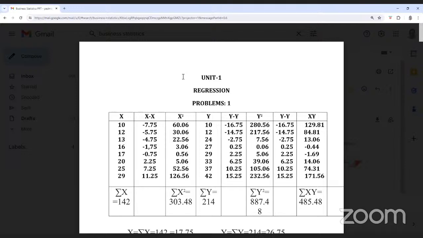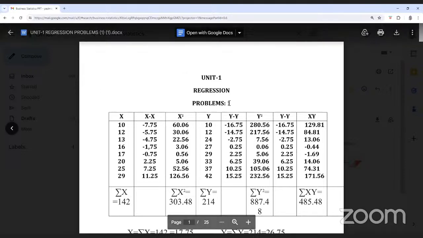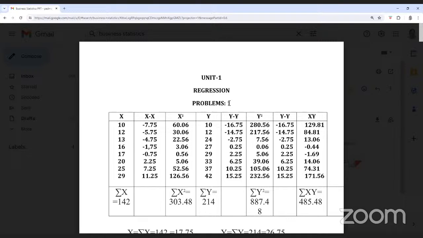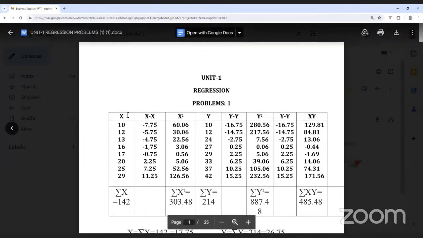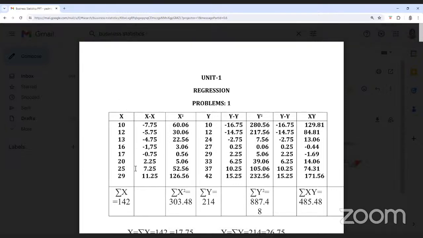But here I have made one PPT that depends upon regression problems. Are you getting it? The question will give X and Y, and they will ask you to find out the two regression equations.